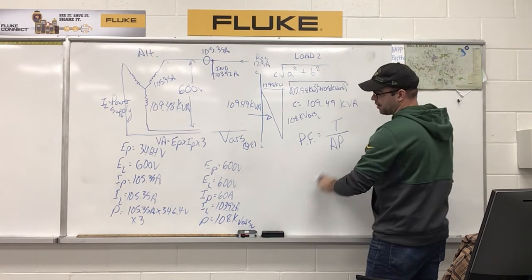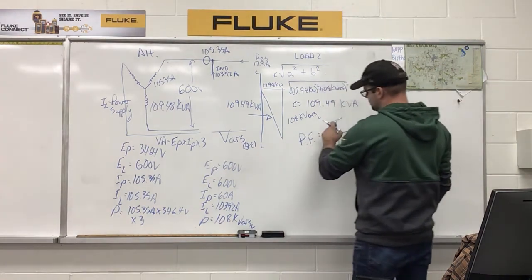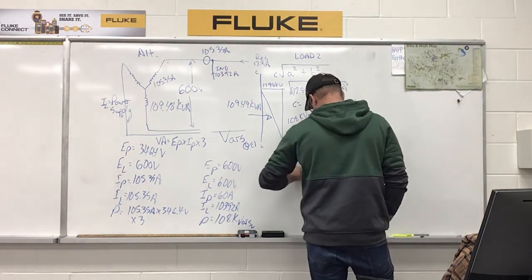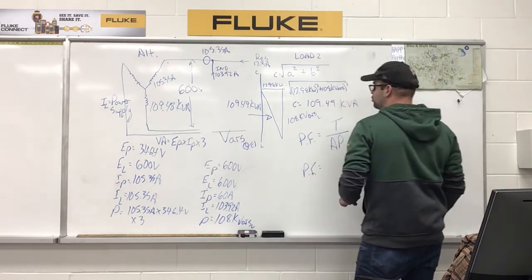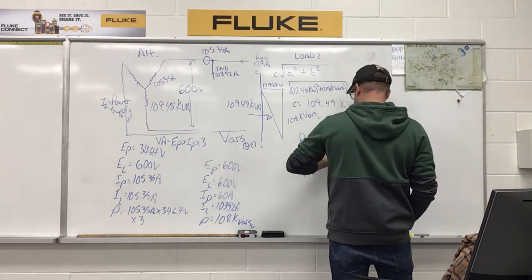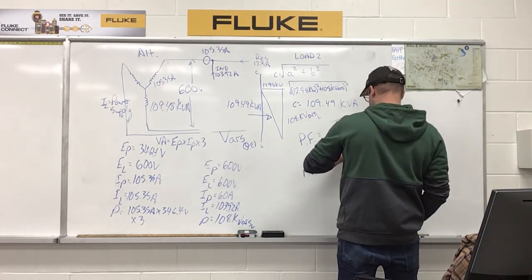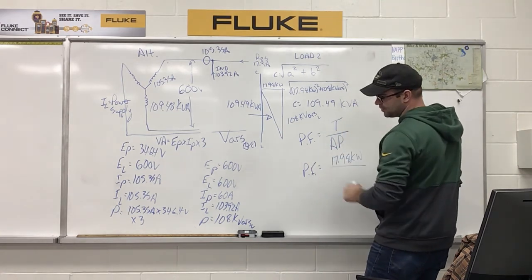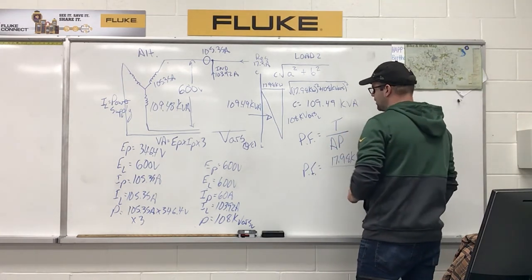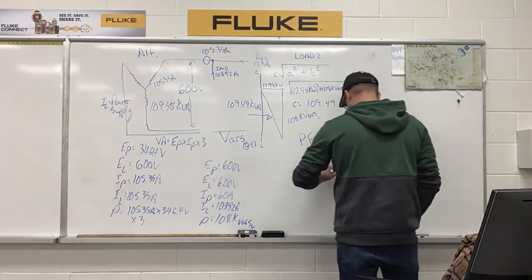Remember, our apparent power is our volt-amps, true power is our watts. So we get our true power was 17.98, or is 17.98 kilowatts. Our apparent power is, let's use this one, 109.49 kVA.